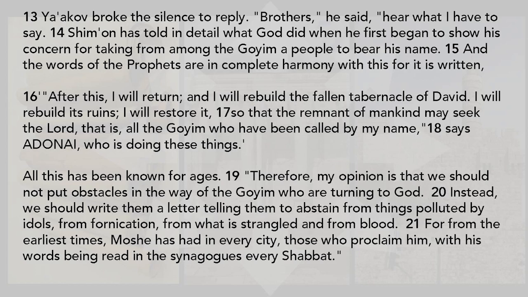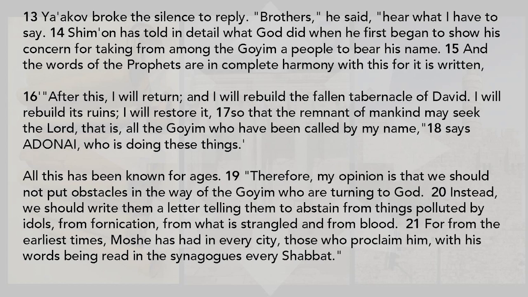And the words of the prophets are in complete harmony with this, for it is written, 'After this I will return, and I will rebuild the fallen tabernacle of David. I will rebuild its ruins, and I will restore it, so that the remnant of mankind may seek the Lord, that is, all the Gentiles who have been called by my name, all the nations, says the Lord who is doing these things.' All this has been known for ages.